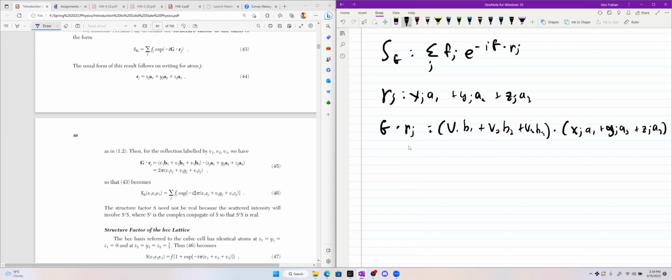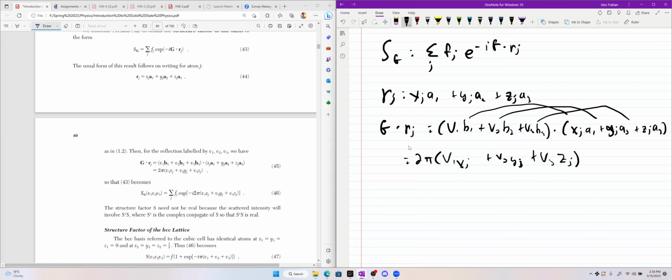Of course, only these terms survive because of the rules, so we get 2π times (v1 x_j plus v2 y_j plus v3 z_j).